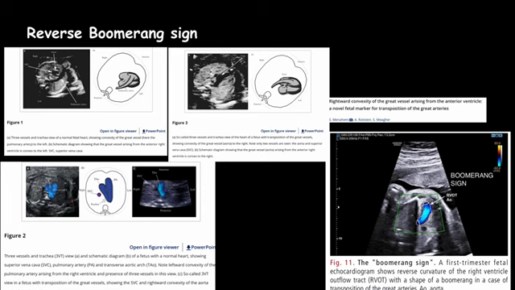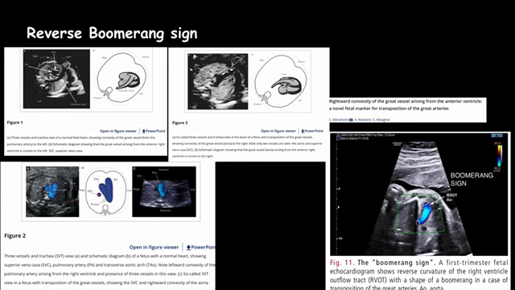Figure 1 shows the normal three vessel trachea view of the fetal heart. Here you can see the pulmonary artery arising from the most anterior right ventricle. The convexity formed by the curvature of the pulmonary artery is towards the left side. Now figure 3 shows the three vessel trachea view in the case of d-TGA, where you can see the aorta arising from the anterior right ventricle, but the side of convexity of this aorta is towards the right side.